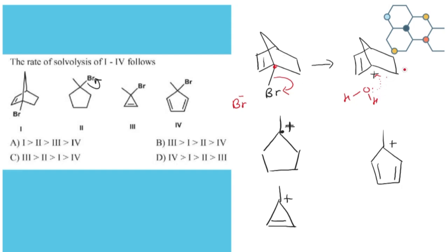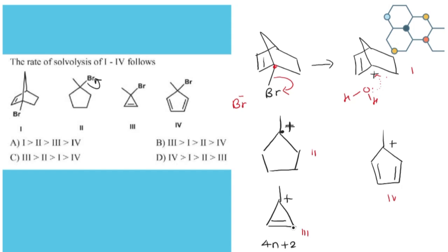So among the given four carbocations, this is 1, this is 2, this is 3 and this is 4. Among these four carbocations, the third carbocation is the most stabilized carbocation. Why is it so? Because it is a part of the aromatic ring. It is cyclic, it is planar, there is conjugation, and it is obeying Huckel's 4n plus 2 rule.